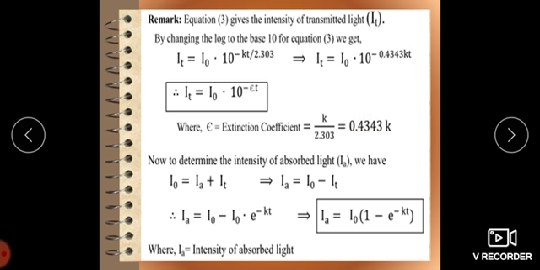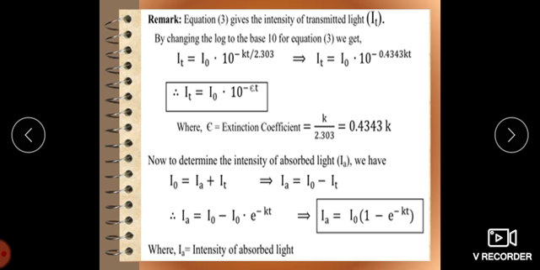Because of that we can put It is equal to I0 into 10 raised to minus 0.4343 kt. For k upon 2.303 we can put epsilon here, so It is equal to I0 into 10 raised to minus epsilon t.